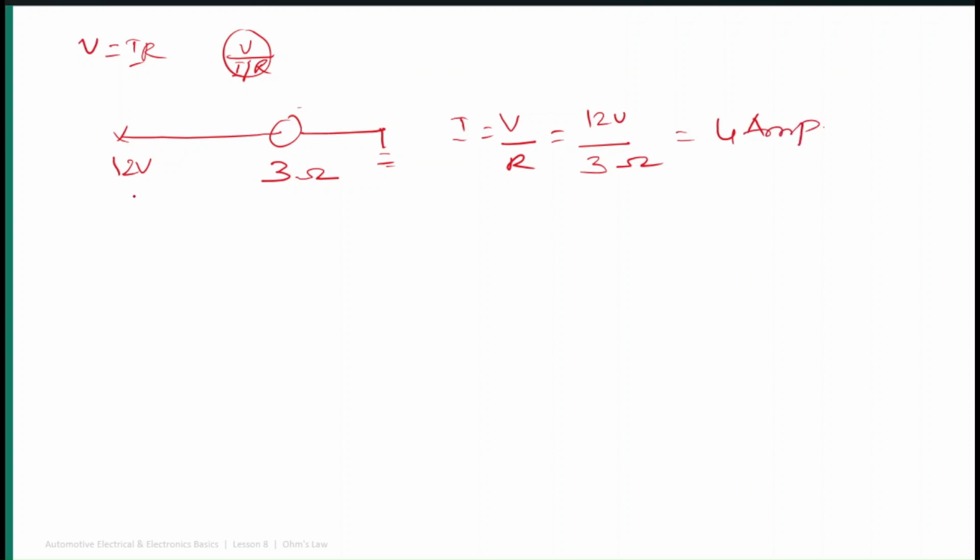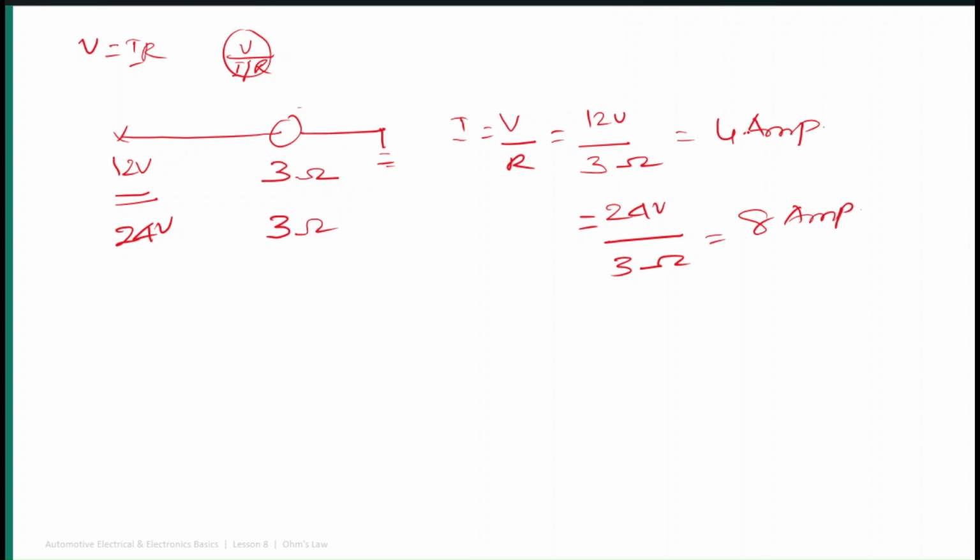Now let us increase this voltage to 24 volt, and the resistance remains the same. So what is current now? 24 volt divided by 3 ohms is equal to 8 ampere.